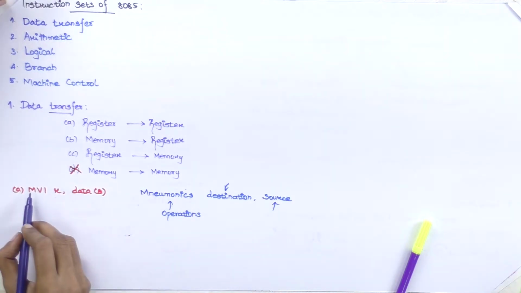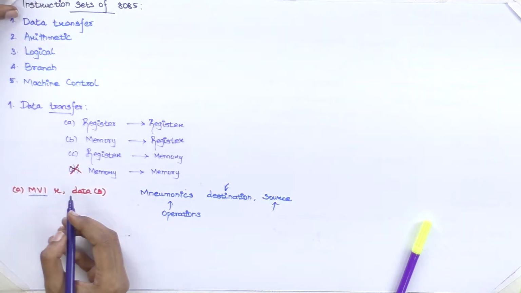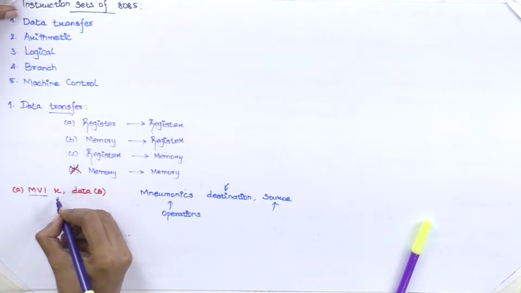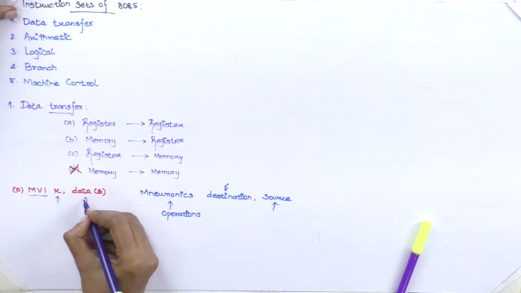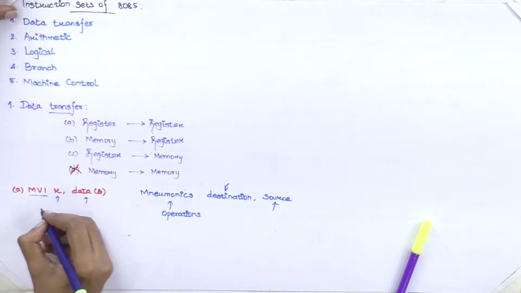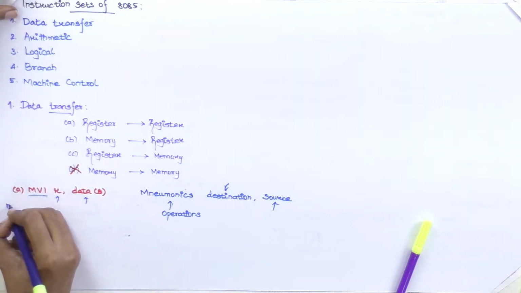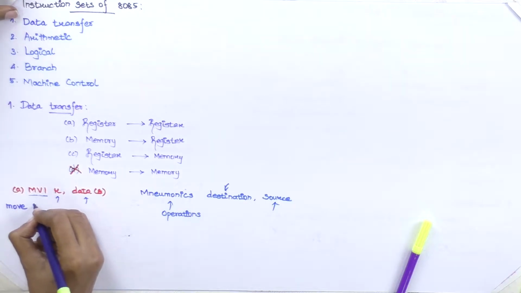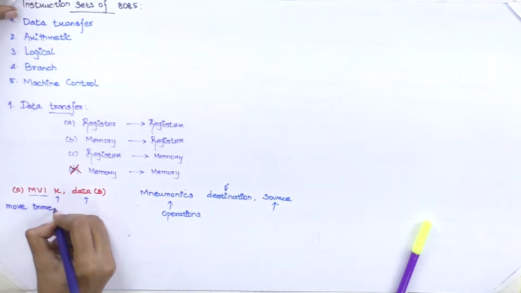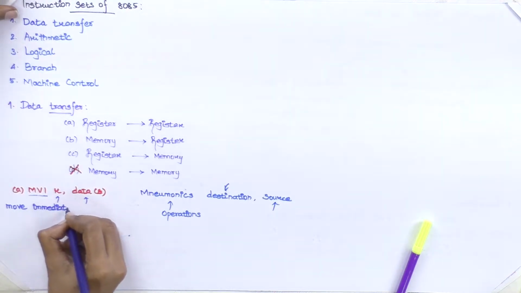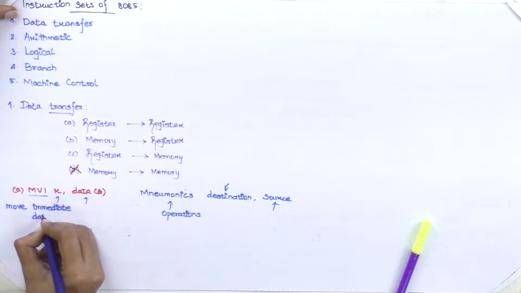So when you compare this here, MVI is a mnemonic, R is a destination, and 8-bit data is a source. So mnemonic MVI is nothing but move immediate data.